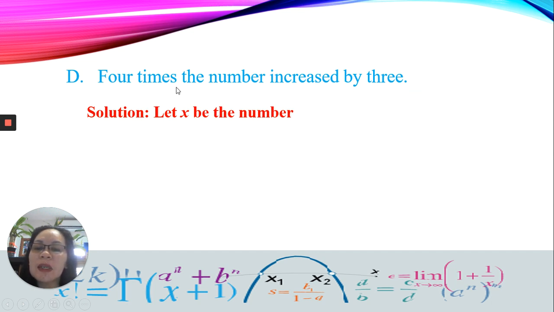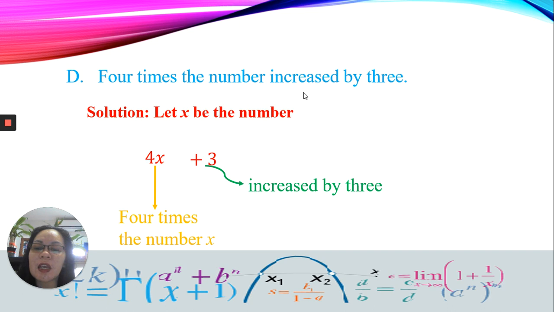So you're actually getting 4 times the number first before you increase it by 3. So therefore, you will have 4x, that is 4 times the number x, plus 3, that is increased by 3. So therefore, your algebraic expression is 4x plus 3. While on our third example, you have 4 times the quantity of x plus 3.